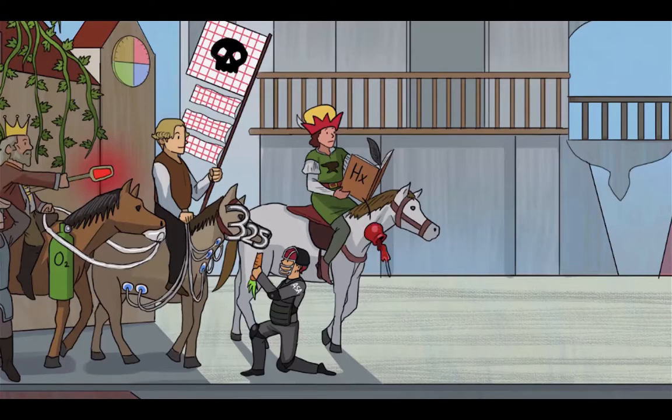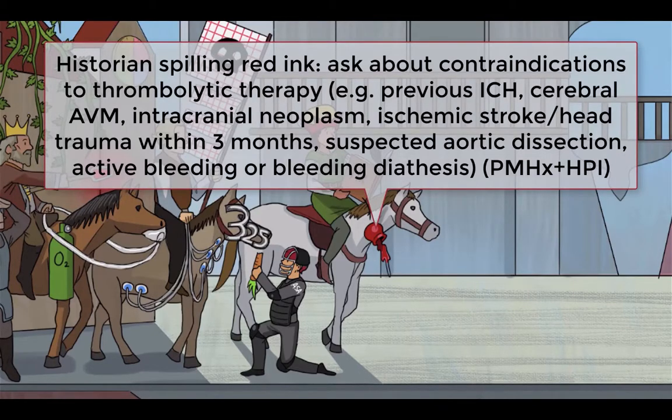You'll also want to assess for potential contraindications to thrombolytic therapy, in case your patient is headed toward thrombolysis instead of PCI. Absolute contraindications to thrombolytic therapy include anything that could increase the risk of the patient hemorrhaging, especially intracranially, hence the hemorrhage of ink we've got going on over here.